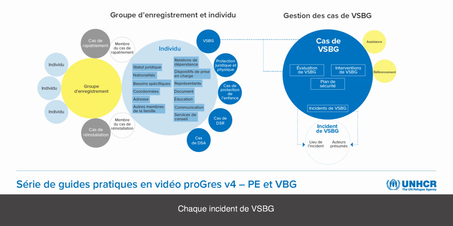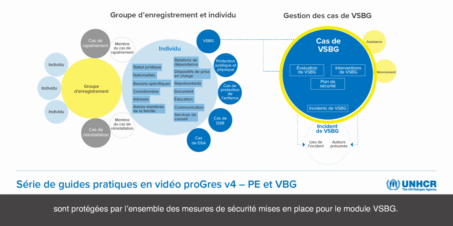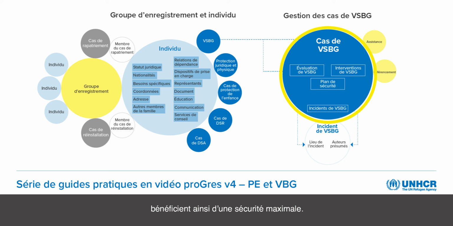Within the GBV incident, you will find an alleged perpetrator, as well as the incident location. Everything that is within this circle has all of the security measures that we have developed for the SGBV module in place, meaning this high level of security will protect all of the elements or all of the records within this circle.